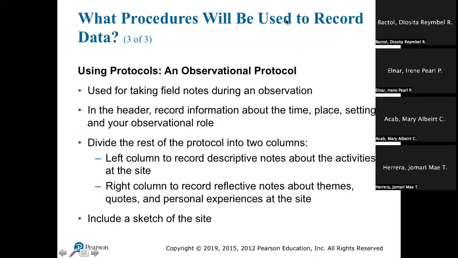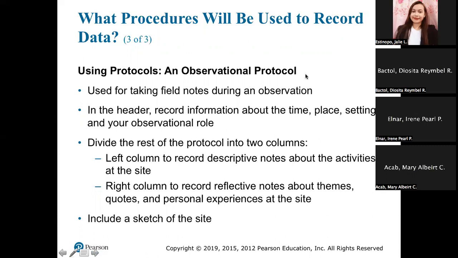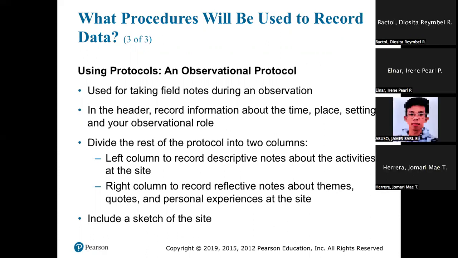Then next, we go into what procedures will be used to record data. Could you read that one, Mary Albert Akab? Yes, sir. Using protocols and observational protocol. First, it is used for taking field notes during an observation.